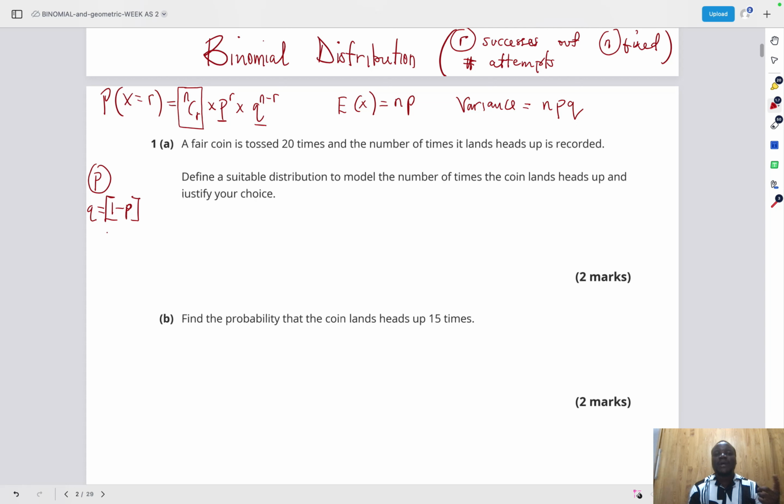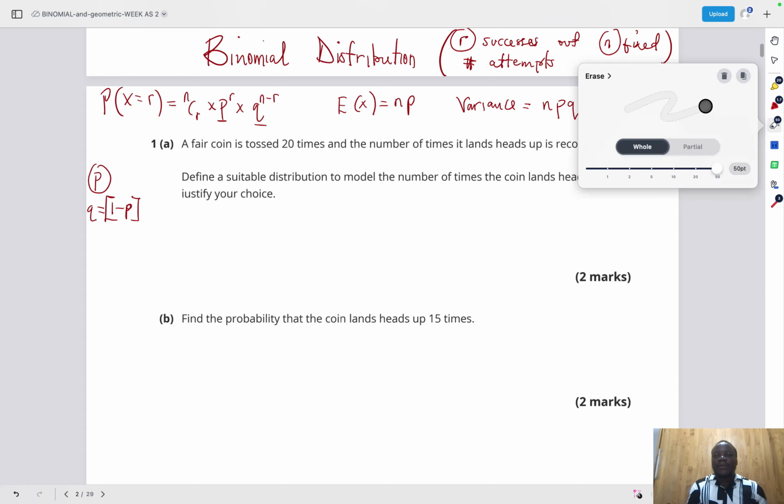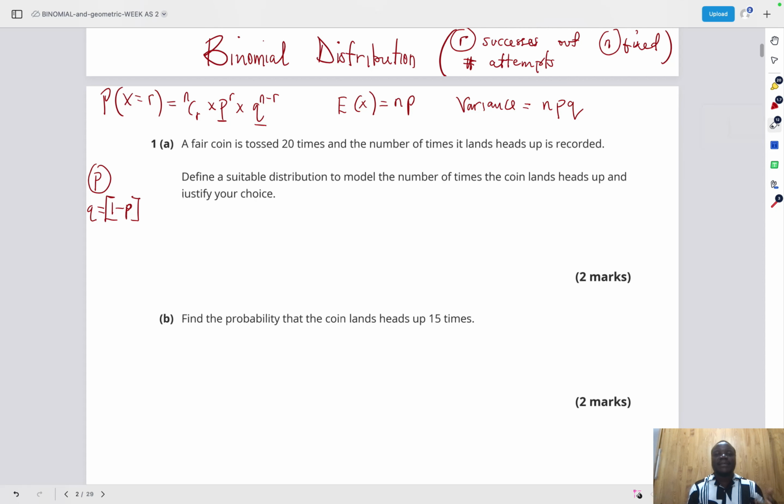Now, if you want to find the probability of a binomial distribution, and you want to find how many times someone gets successful out of maybe n attempts, this is the formula we use, where this first part is n choose R. In other books, n choose R is just written as nCr.